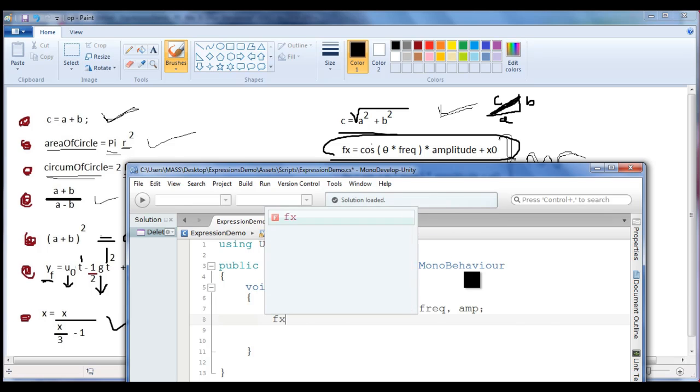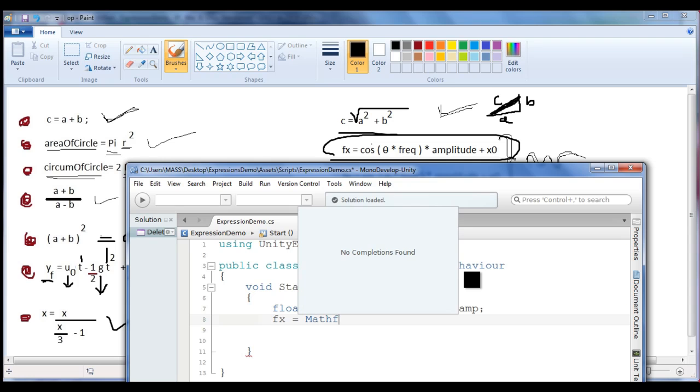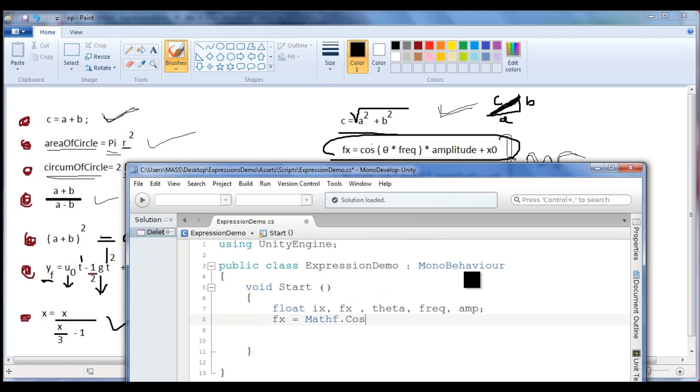Then final x position should be equal to Mathf.Cos of theta. Remember that the cos function takes radians. So if you write theta equal to 90.0f, you are telling it in degrees. You have to convert this degree into radians before you give it to the cos function.